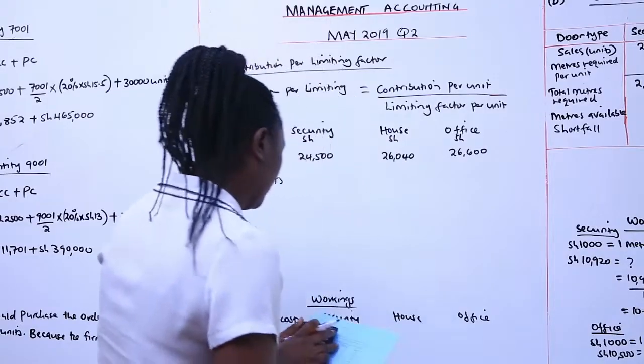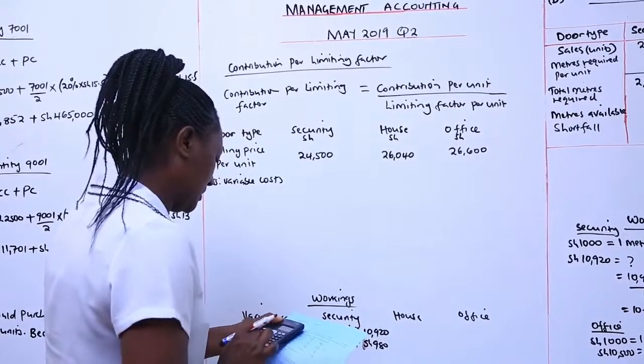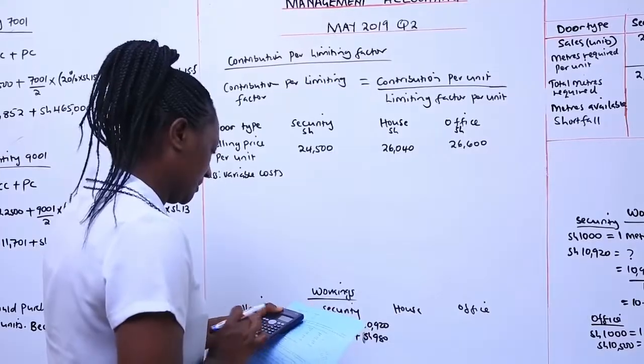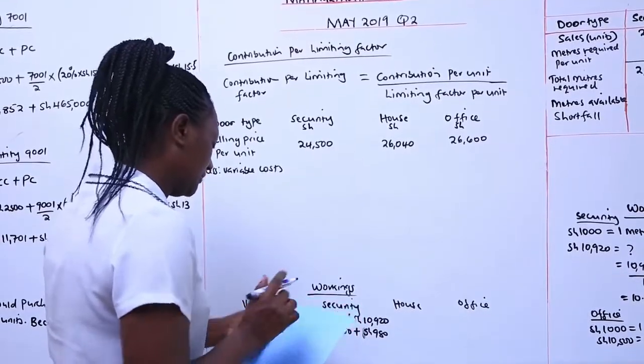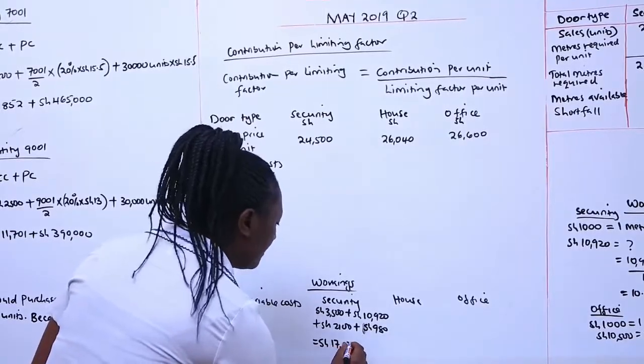Total variable costs for security: 3,500 plus 10,920 plus 2,100 plus 980, which is equal to 17,500.